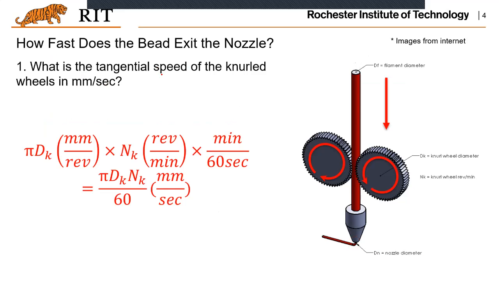Basically, we want to compute the tangential speed of the knurled wheel. So how do we do that? First of all, let's compute the length of the whole circle of this knurled wheel.